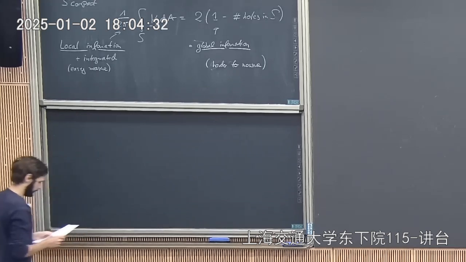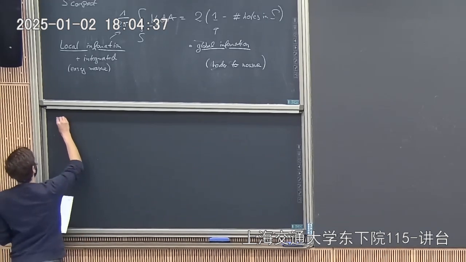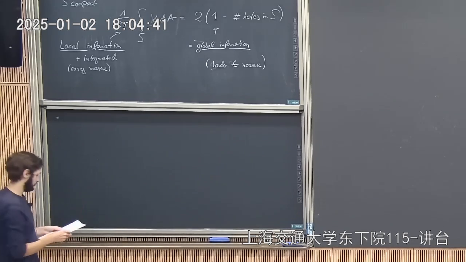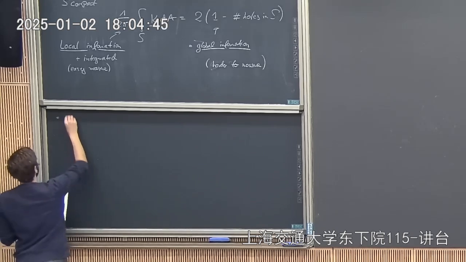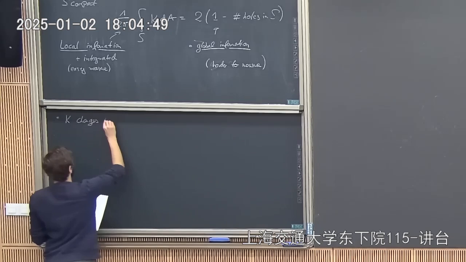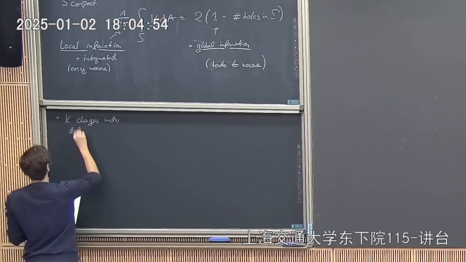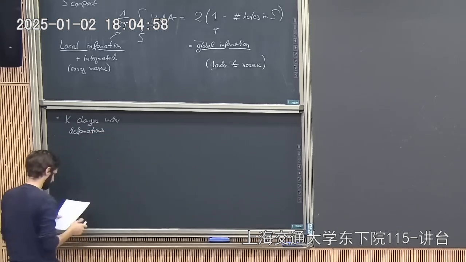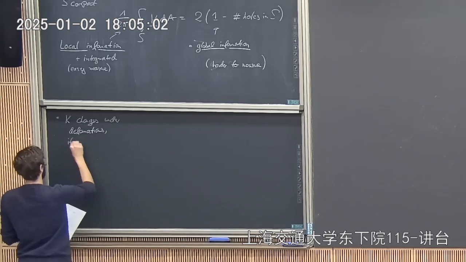And then there are a few other very interesting properties. The next one is that if you slightly deform your surface, then the Gaussian curvature changes under deformations. So in particular, it's geometric.